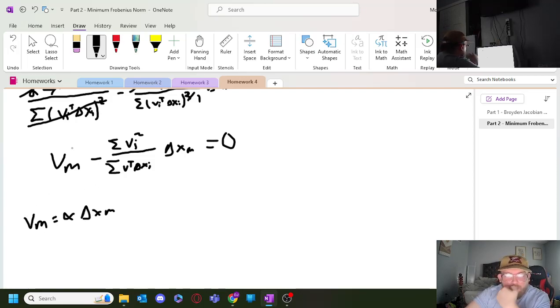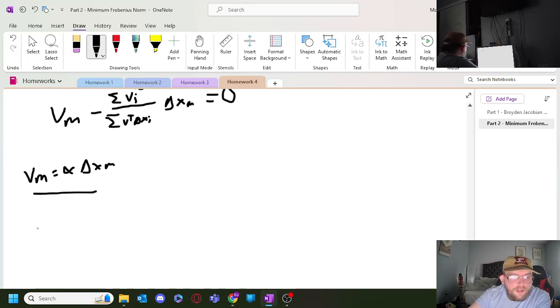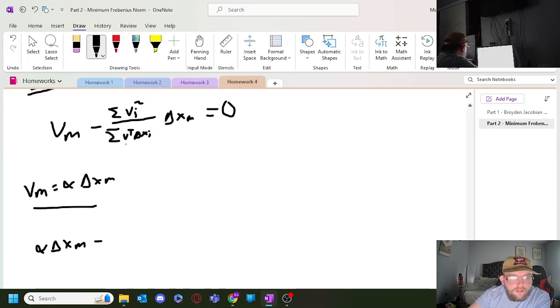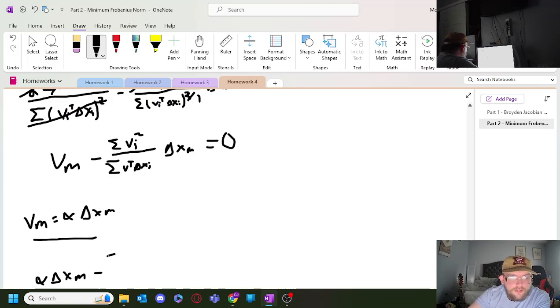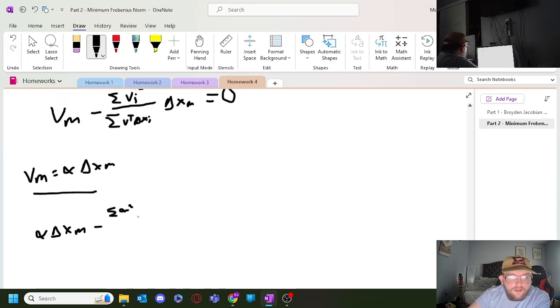So with that, if we plug this expression in for v, we get alpha delta xm minus the sum of alpha squared times delta xm squared. Keep in mind, alpha is constants.